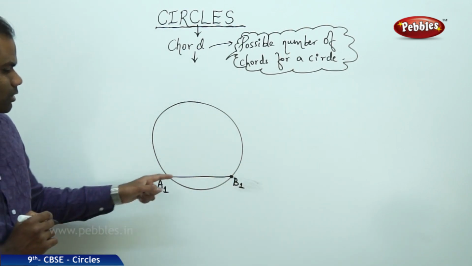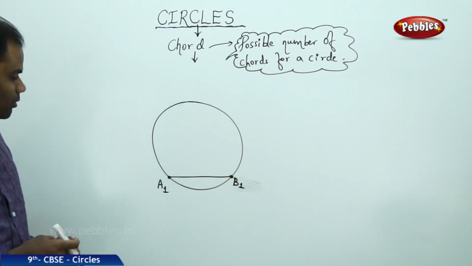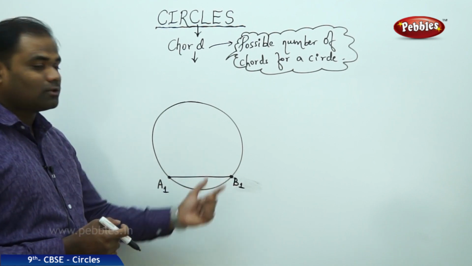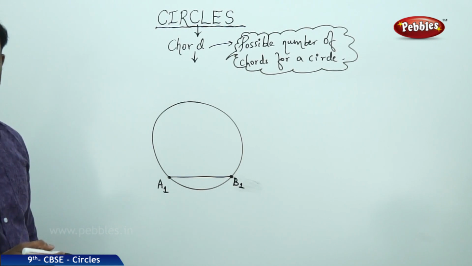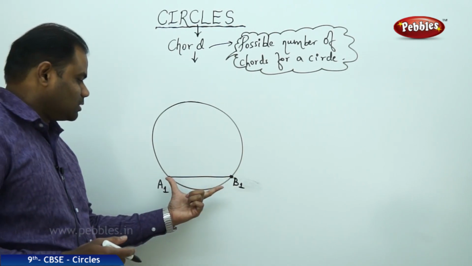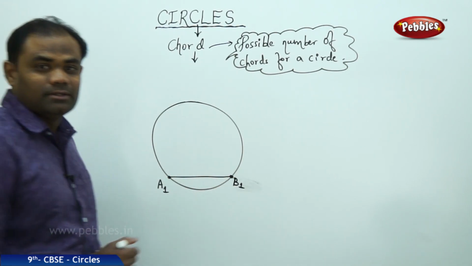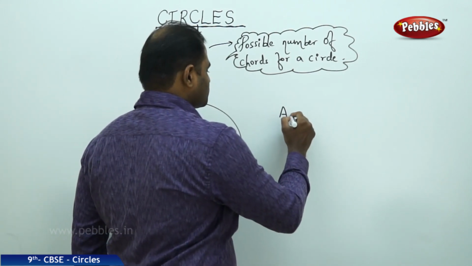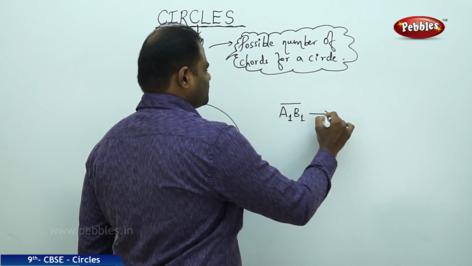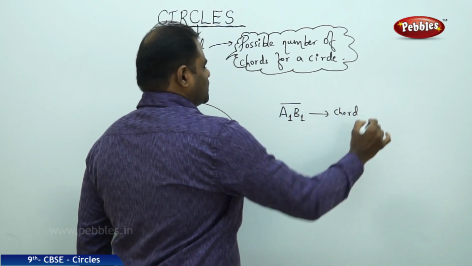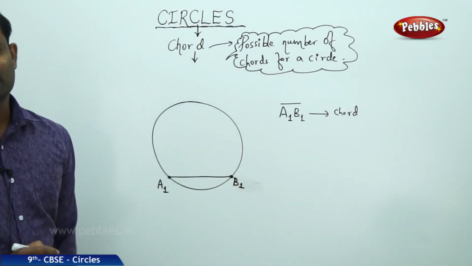So this chord is obtained when I join the points A1 and B1 on the circle. So A1 is a point on the circle and B1 is a point on the circle which is joined. So the line segment A1 B1 defines a chord. Defines one of the chords.